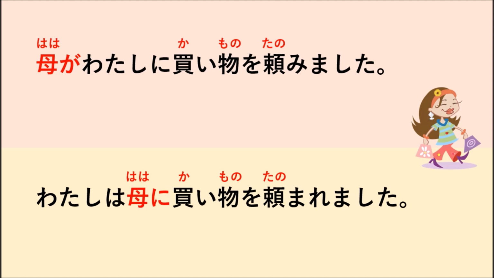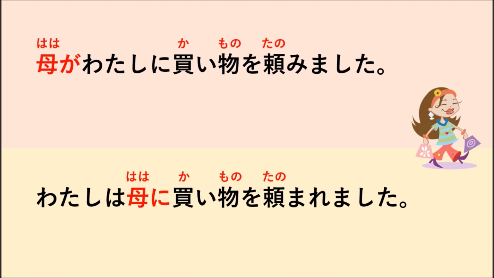So let's see another sentence. Here we have a sentence like this. The first sentence says, Haha ga watashi ni kaimono o tanomimashita. And the second sentence says, Watashi wa haha ni kaimono o tanomaremashita.